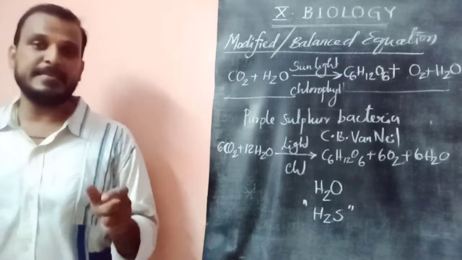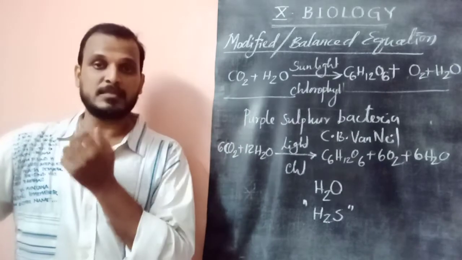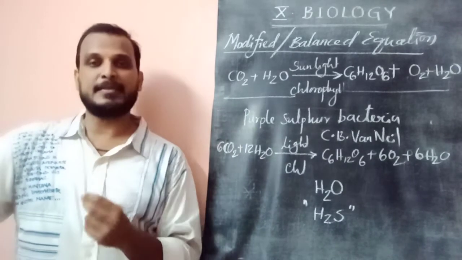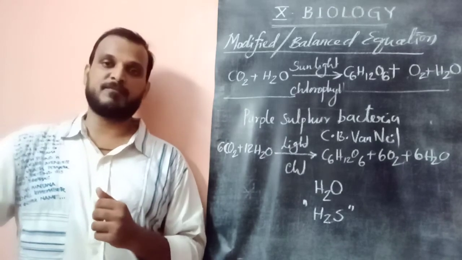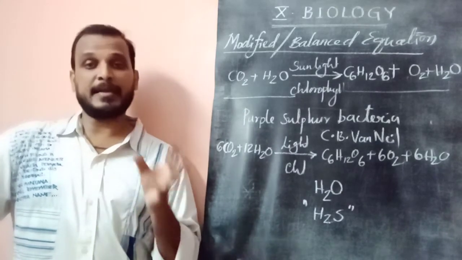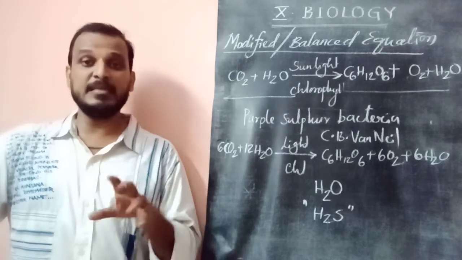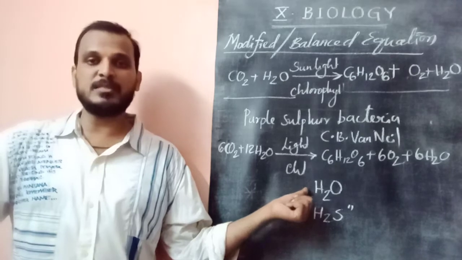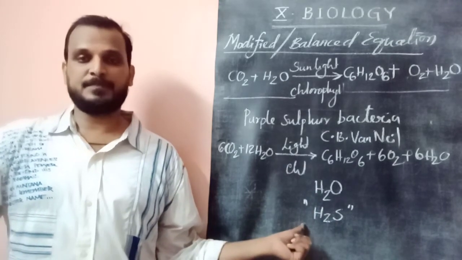So, the experiment material of C.B. Van Niel, listen to it carefully. C.B. Van Niel did his experiments about photosynthesis on which experiment material? Called purple sulfur bacteria. Just like plants, it uses sunlight, but other than water, it uses hydrogen sulfide.